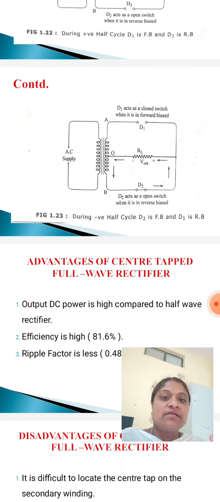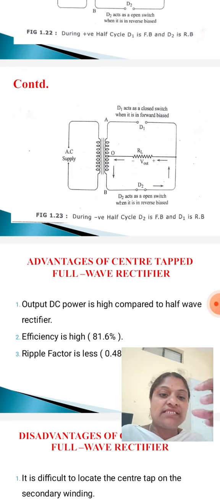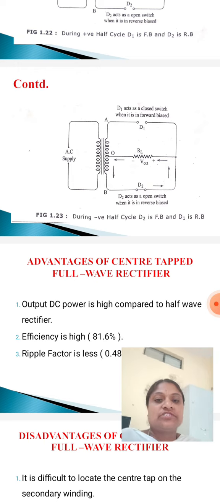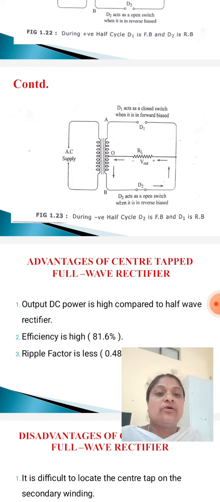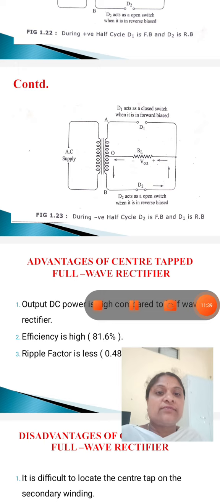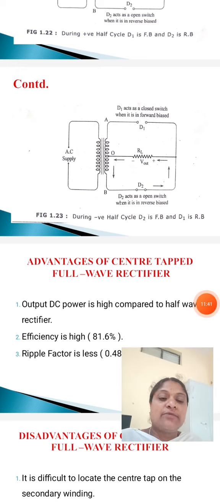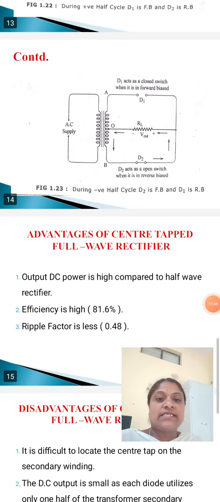So D1 is an open switch and D2 is a closed switch. Therefore, the current flows through D2 and the load resistor in the same direction. That's why the positive half cycle appears at the load resistor. That is the output. This is the operation of the center tapped full wave rectifier.